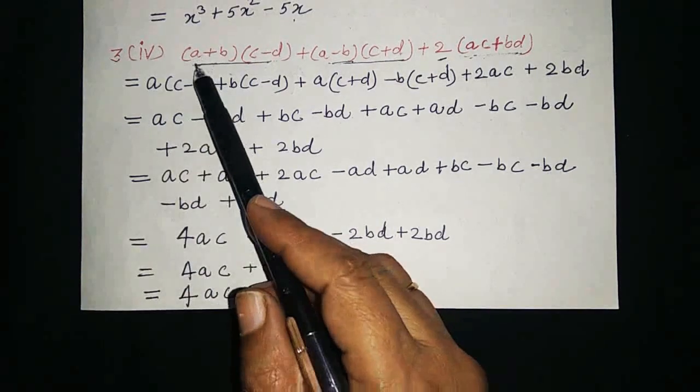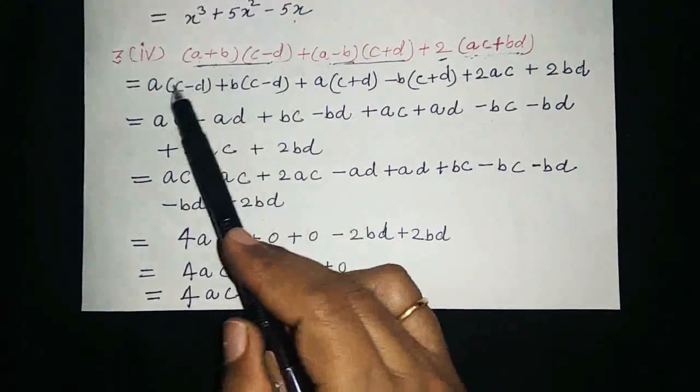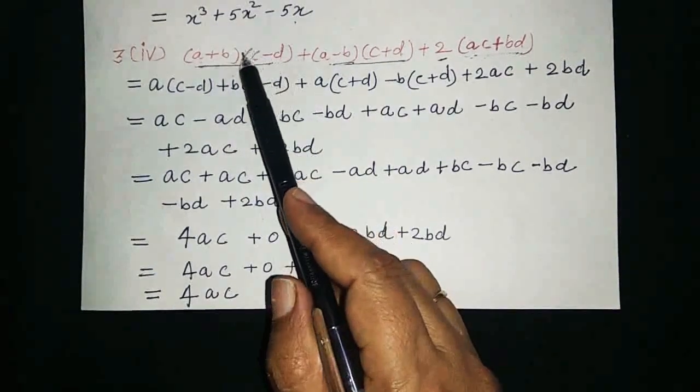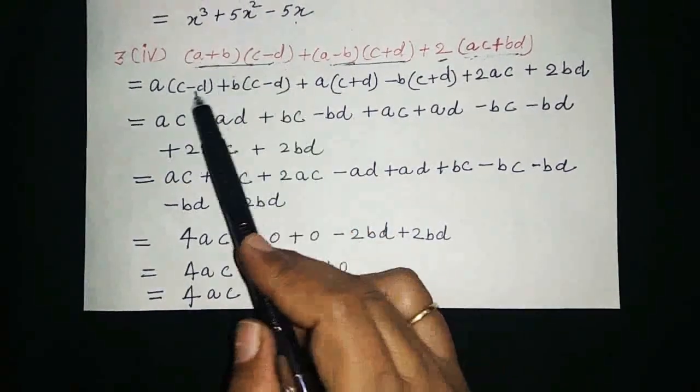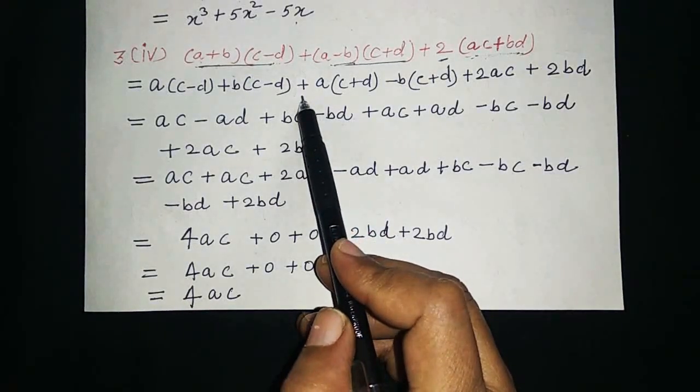Now a into (c - d) plus b into (c - d). We will write this, and here we will write a plus sign.